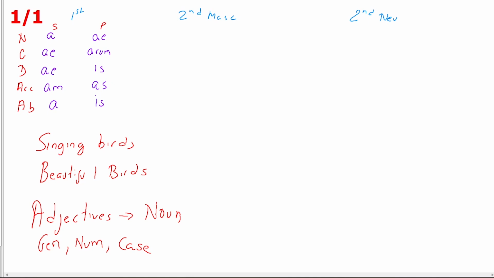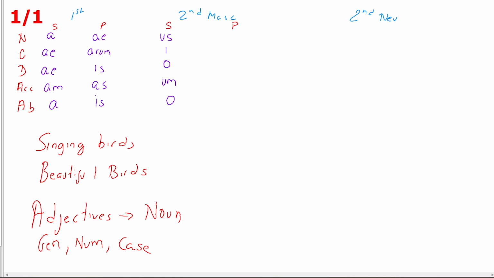Now let's go to the second declension, masculine. So nominative singular would be ending with us, then genitive I, dative singular o, accusative singular um and ablative singular o.